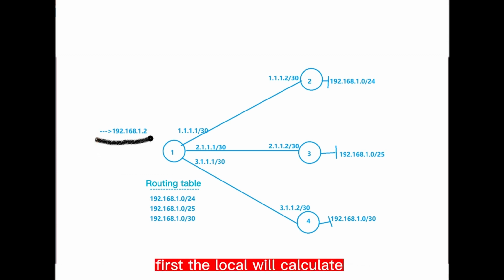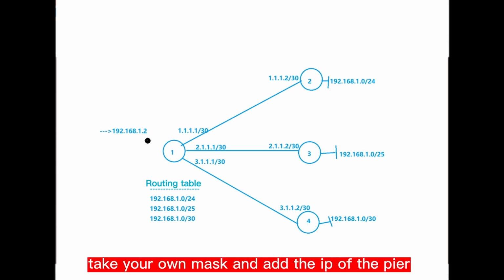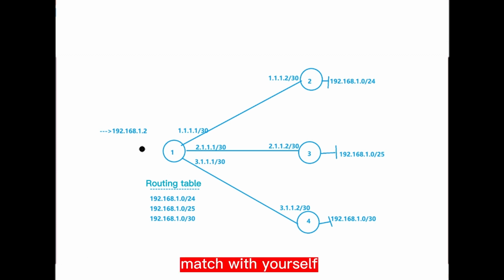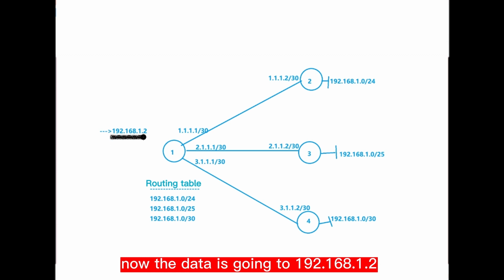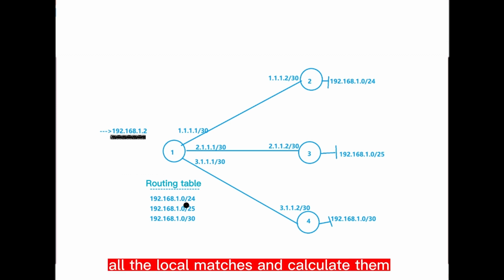First the local will calculate. When we talked about ARP before, we said to take your own mask and apply it to the IP of the peer, and match with yourself. Router 2: now the data is going to 192.168.1.2. It will take out all the local matches and calculate them.